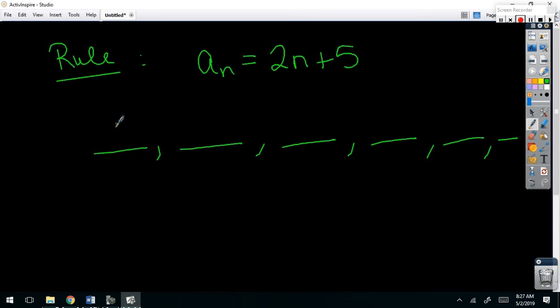Because what term number is this? 1. So this is a sub 1. So I'm putting 1 in for n. 2 times 1 plus 5 is 7. What would the next term be? 9.